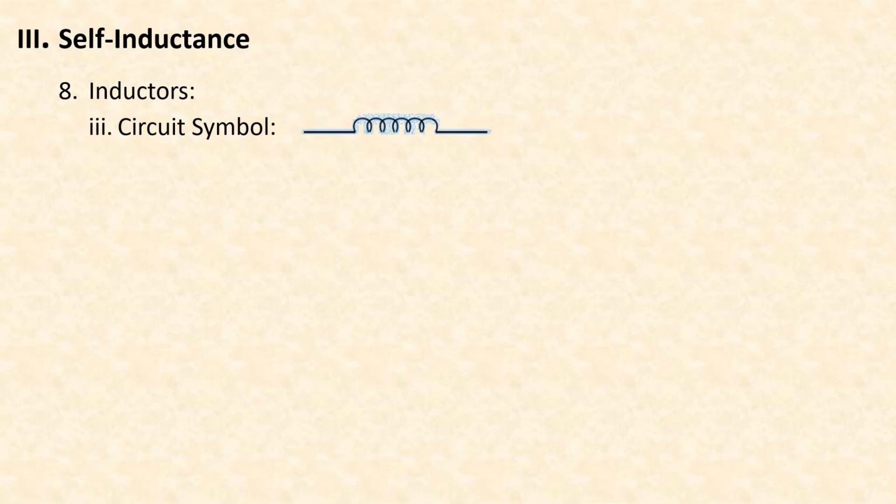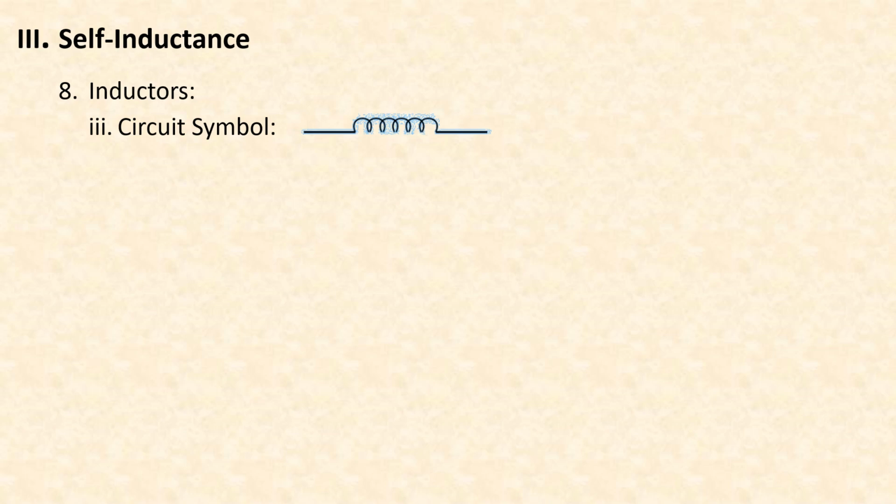So as with other circuit components, we have a symbol that we use to represent inductors in circuits. And it looks like this. Hopefully you agree that the symbol for an inductor looks like a coil of wire. So we can draw this to represent an inductor when we're drawing a circuit diagram.